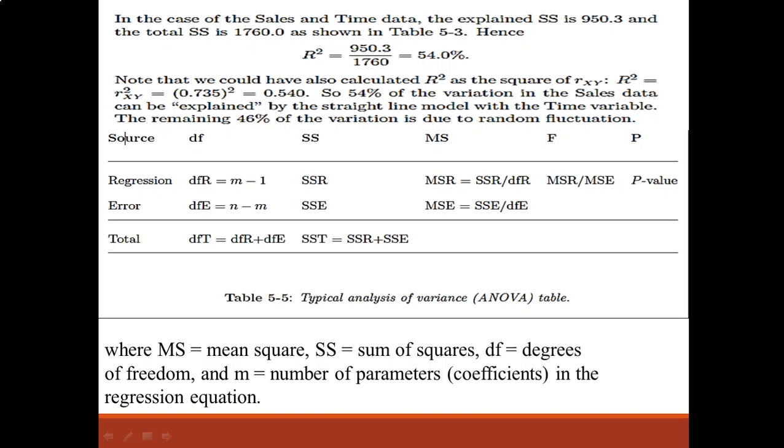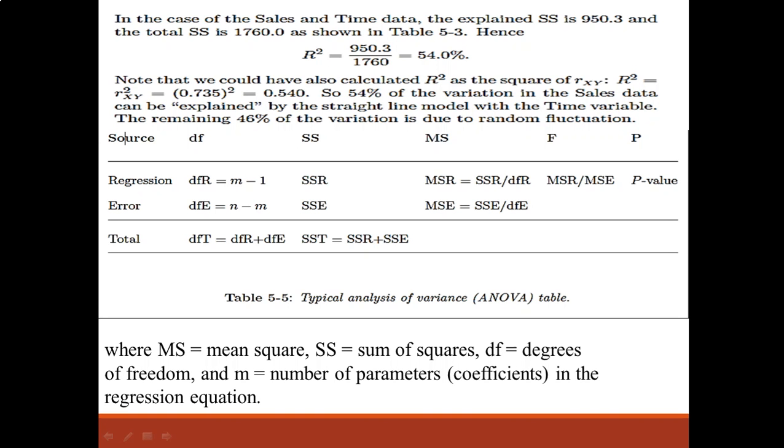So 54% of the variation in the sales data can be explained by the straight line model with the time variable. The remaining 46% of the variation is due to random fluctuation.